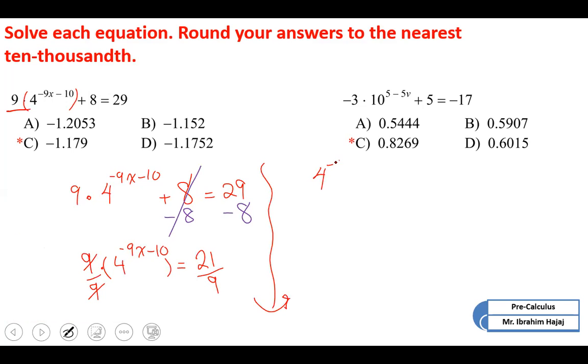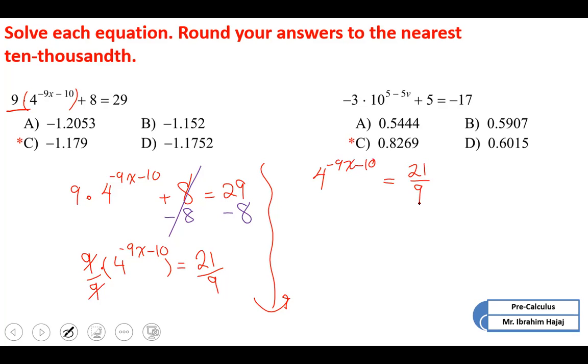we have 4 to the power of negative 9x minus 10 is equal to 21 over 9. Can we make 21 over 9 a power of base 4? No, we can't.